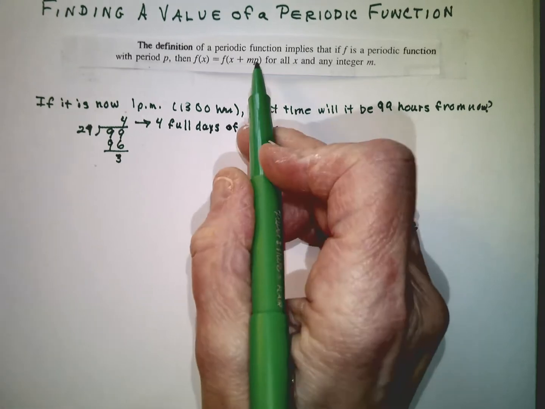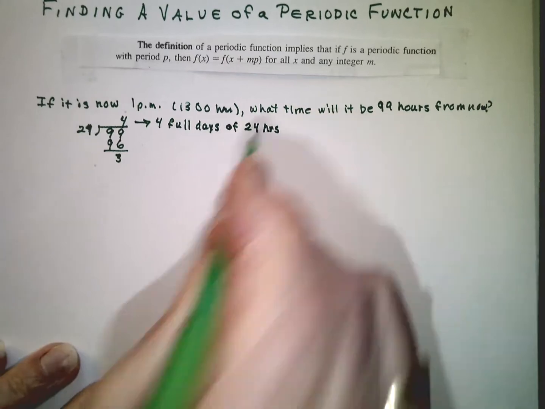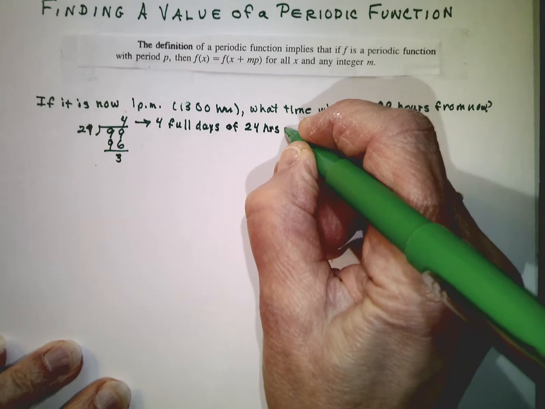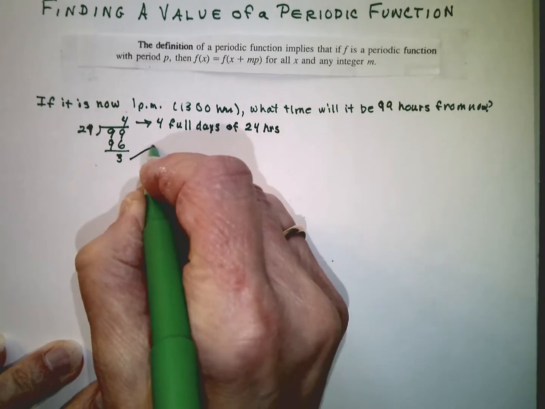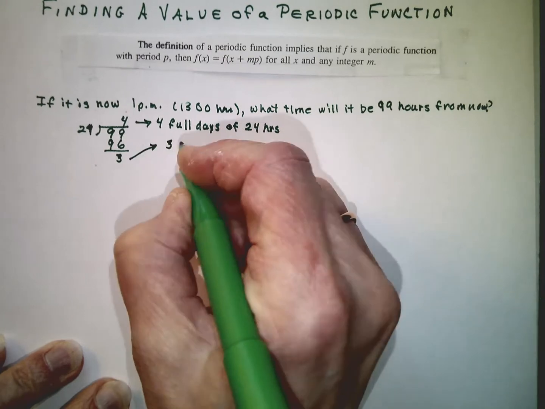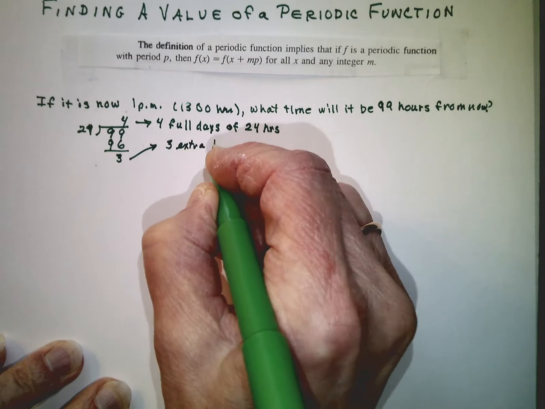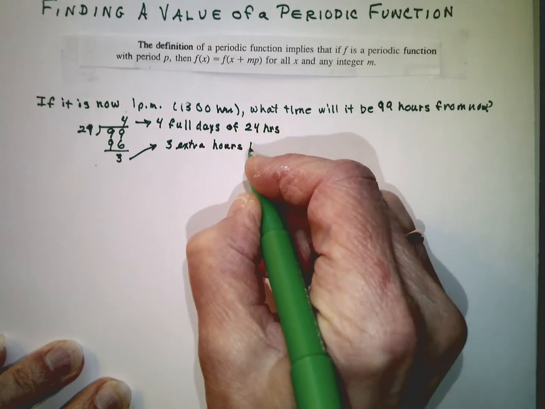24 hours is our period. We have 4 of these periods. That's like being back at f of 0 again. Plus, we have 3 extra hours beyond that.